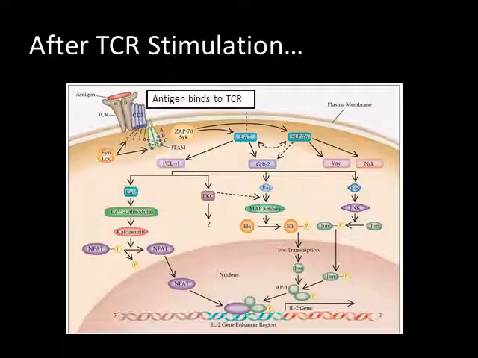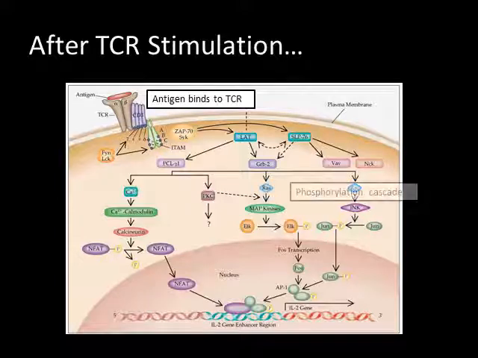Now, after stimulation of the T cell receptor, what happens when the antigen binds to the T cell receptor is that a phosphorylation cascade follows. As we know, a phosphorylation cascade is an interaction of a string of kinases activating one another in a chain reaction.